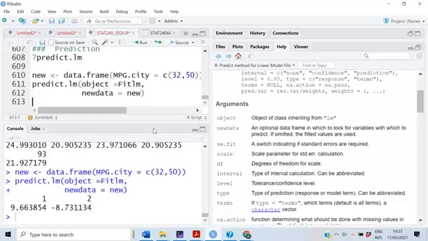What you need is to use the function predict. Of course, we can add lm, but predict will also do it for you. Then, what is your model? The model we use, the name was fit.lm. But we must provide it with new data. If we don't provide it with new data, it will just list all the points.